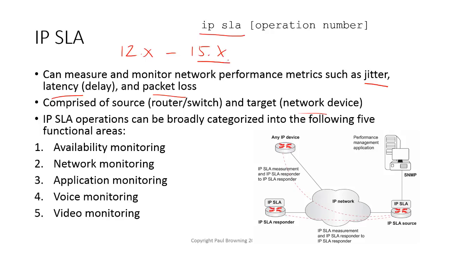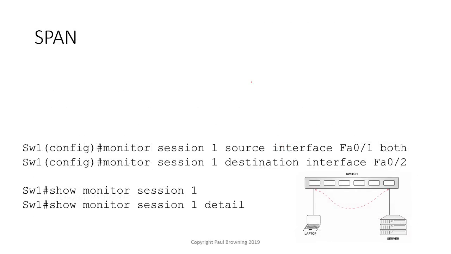Why they did it, I don't know, because it's certainly caused me a headache, and I'm sure it has most other people, especially if you've got multiple IOS versions on your network. So IP SLA and then the operation number, hit the question mark. It used to be IP SLA responder or IP SLA monitor, so that's caused a lot of confusion.